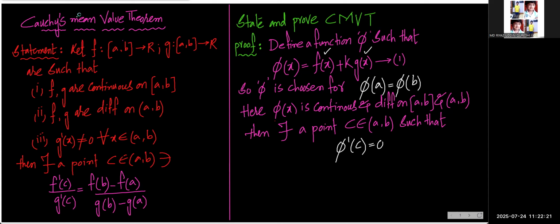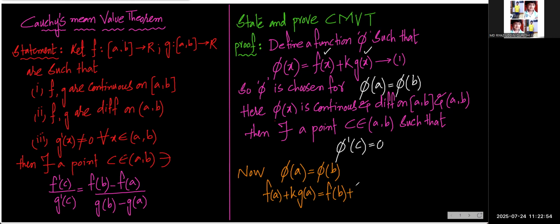one relation. Okay, now phi of a is equal to phi of b. Phi of a value I can get from here: f of a, x will be replaced with a, plus k into g of a, is equal to f of b plus k into g of b.